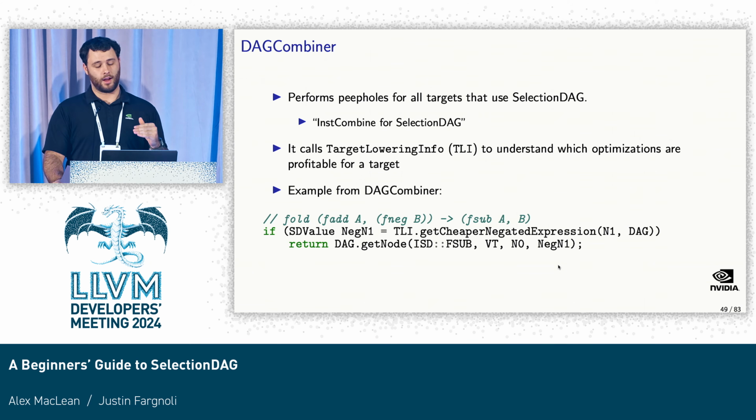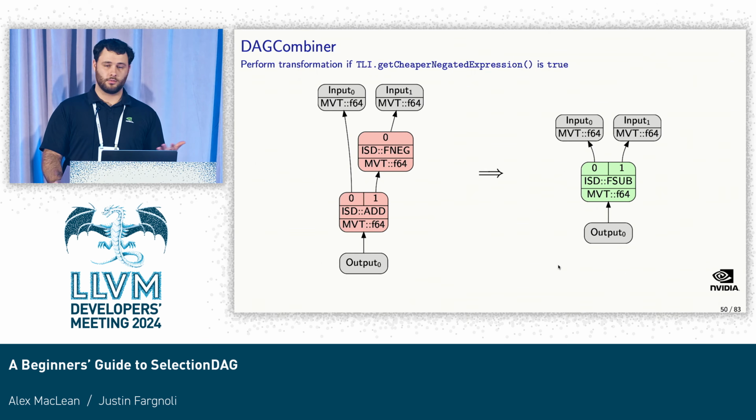Before performing the DAG combine and returning the optimized code, it calls TLI to check whether the negated expression will actually be cheaper. If it is, we perform our operation and take our add and fneg and produce a floating point subtract. If not, we don't touch it.